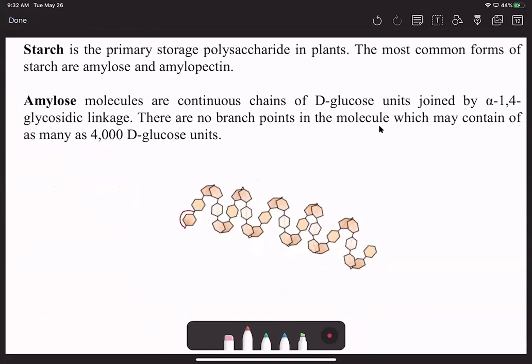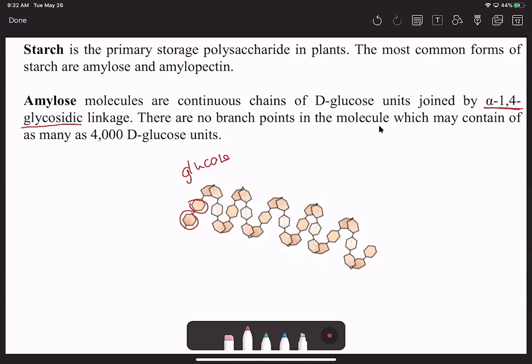All of these monomers here are glucose, and they're all bonded by this alpha 1,4 glycosidic linkage. They're all bonded the same way, and again, they're all glucose.